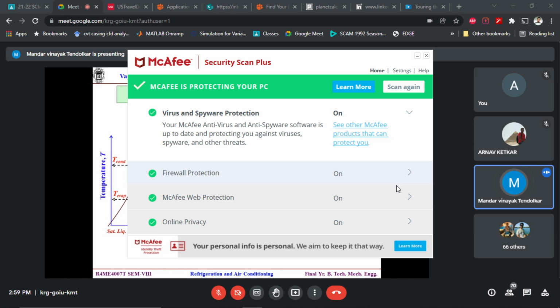That means indirectly my VCC cycle, vapor compression refrigeration cycle, will be as close as possible to the corresponding Carnot. We proved Carnot is the highest, VCC will be lower. Take the ratio, and keep the processes controlled in such a way that your areas A1, A2 would be the minimum.